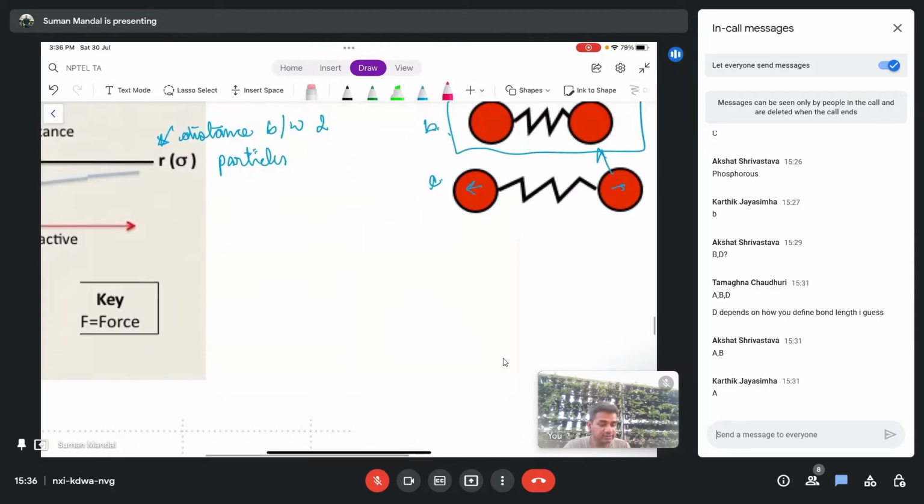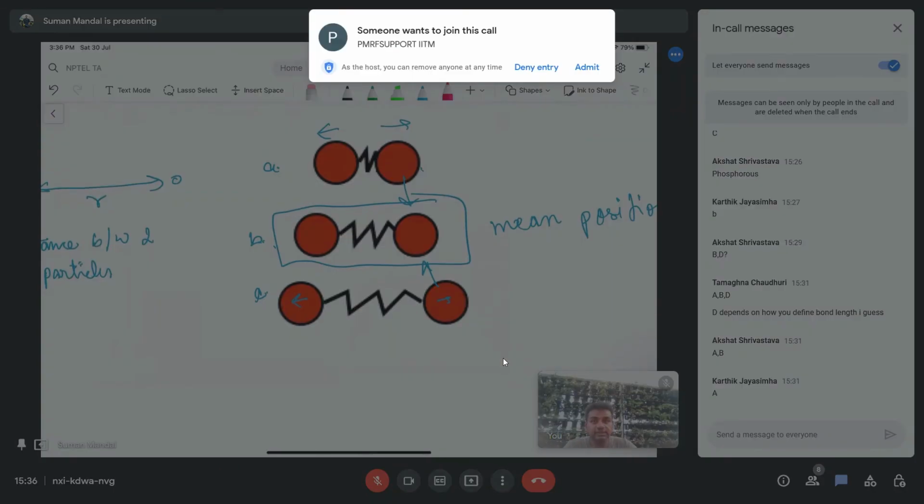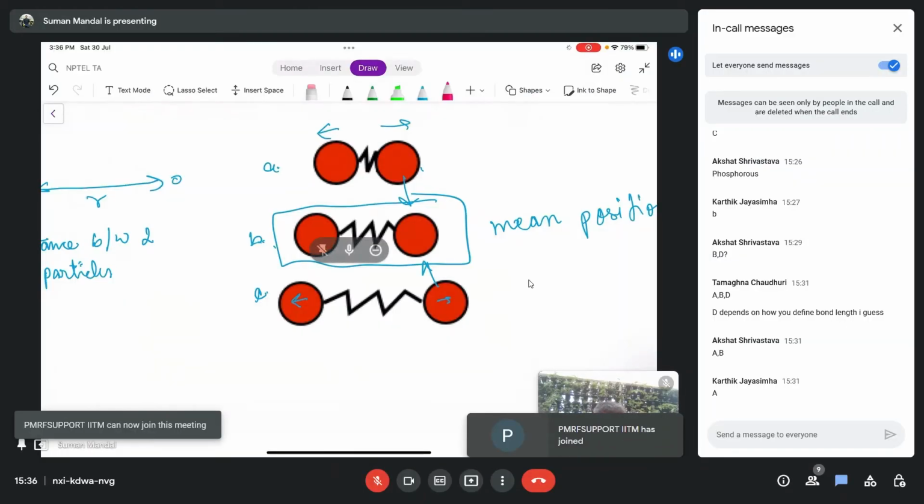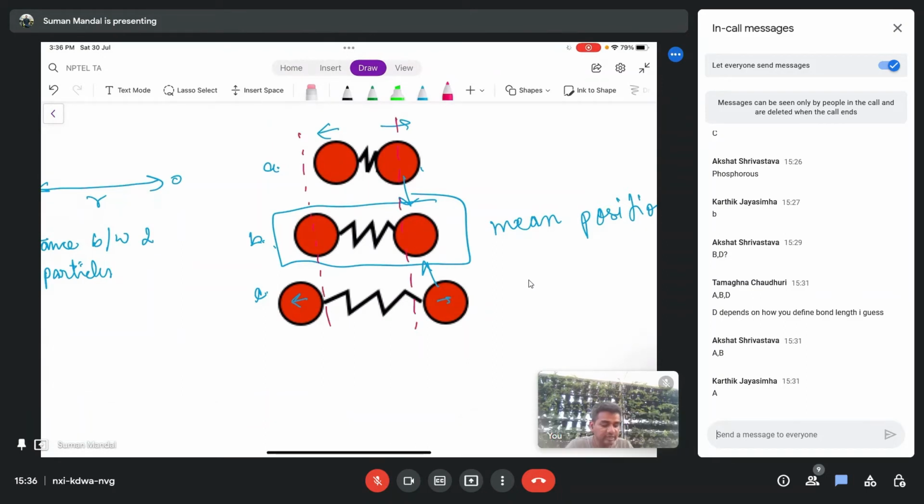So what happens is this: if you take this mean position, for applying the same energy, this distance is much greater than this distance.